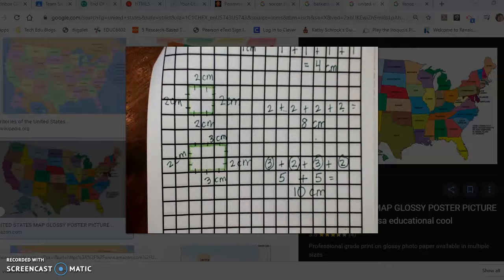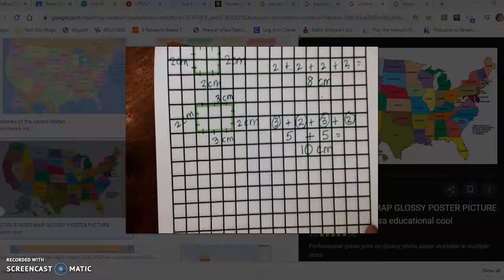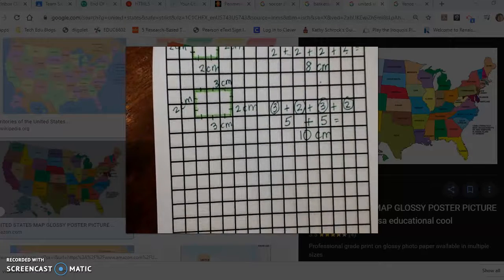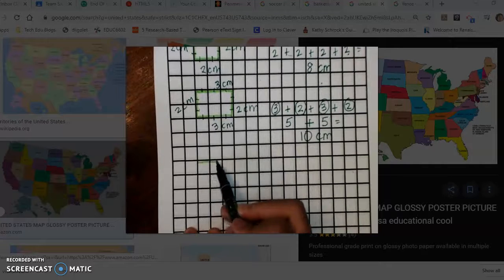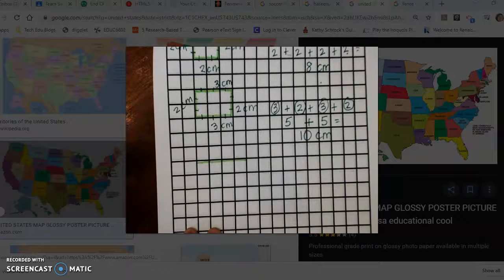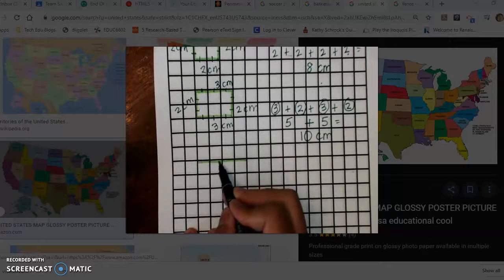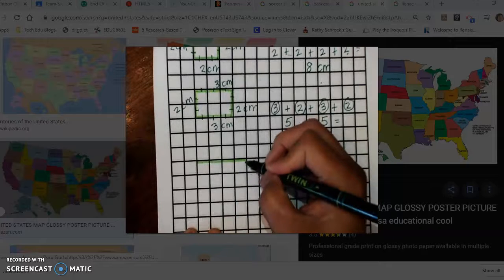So what happens then? Let's keep working down our page here. What happens if my shape is kind of all weird like this? Ready? What happens if I have a shape that's 1, 2, 3, 4 centimeters long? So make sure you do that. 3 centimeters long.